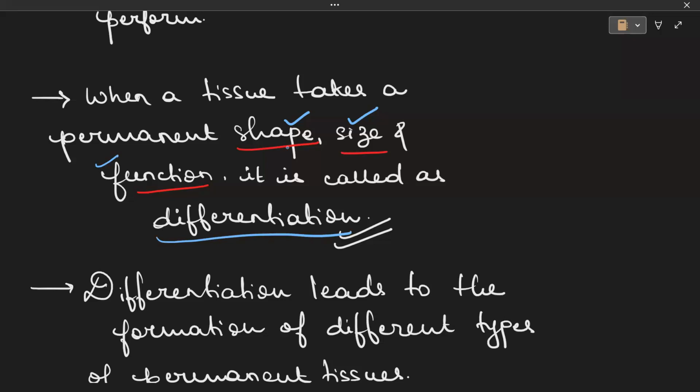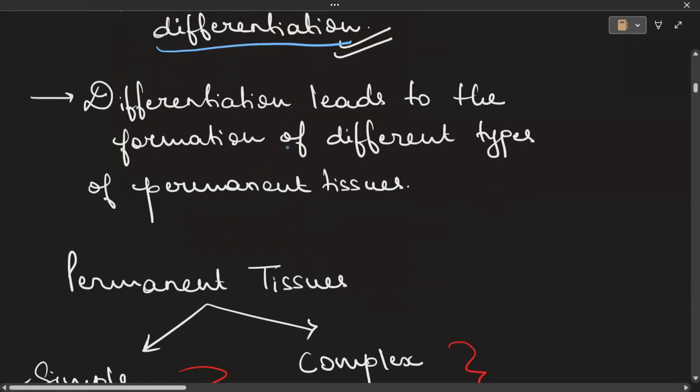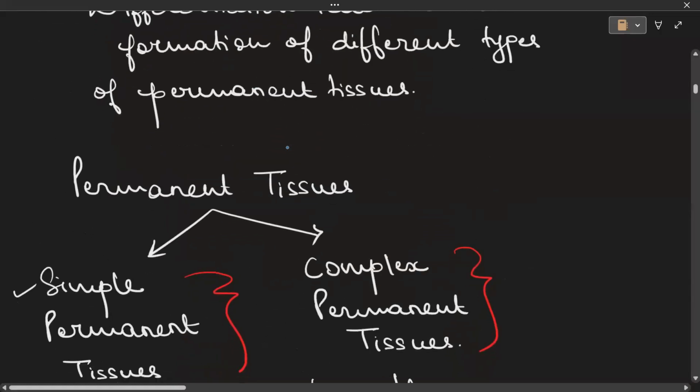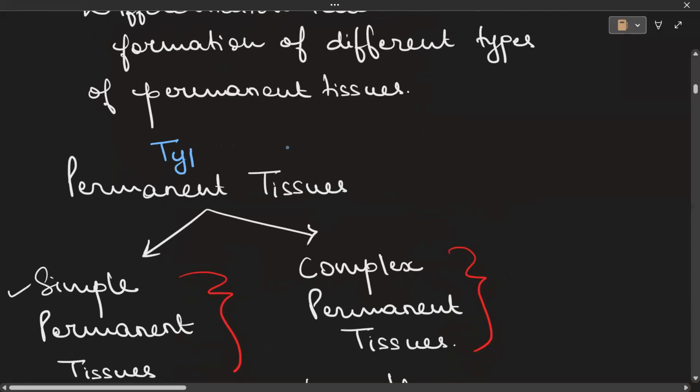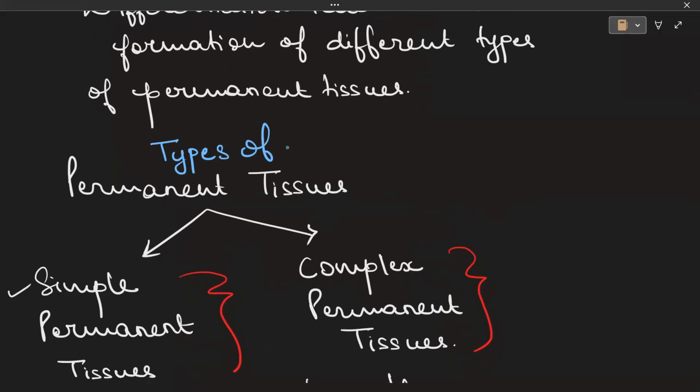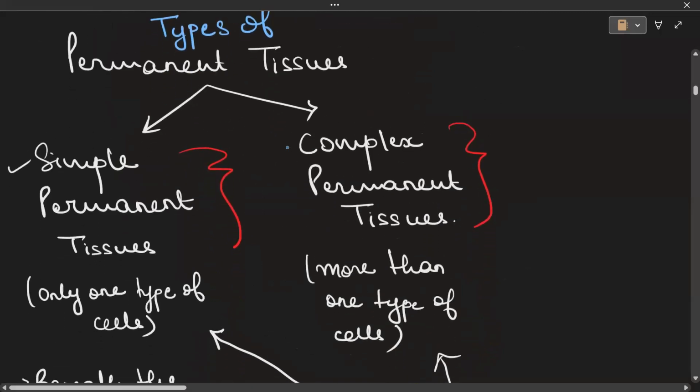The whole process wherein a cell becomes a permanent cell is known as differentiation. By this process of differentiation, different types of permanent tissue are formed. So let us see what the types of permanent tissues are. The permanent tissues can be simple permanent tissues and complex permanent tissues.